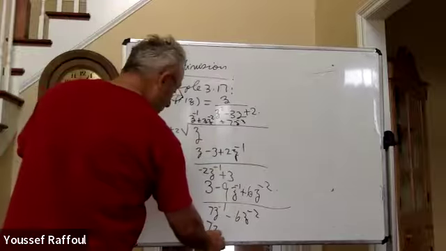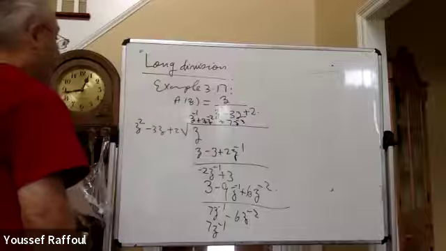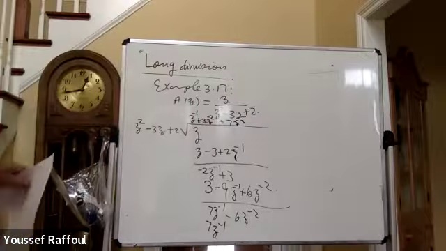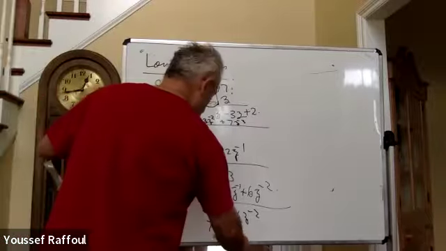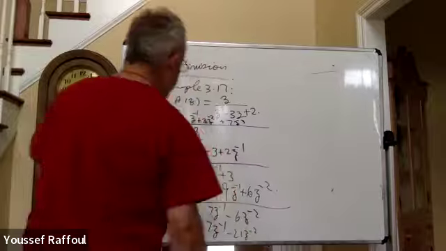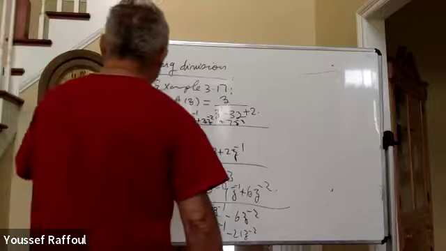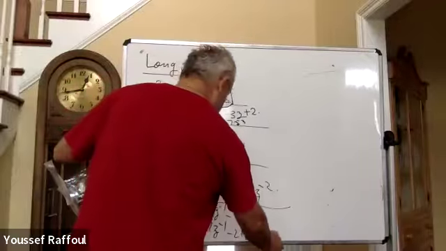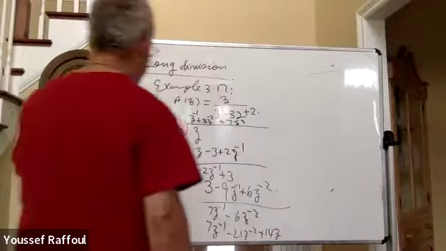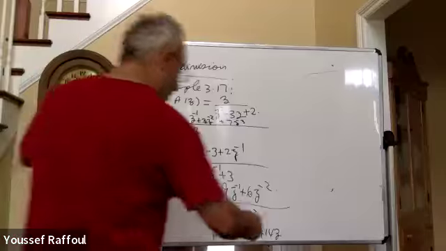So that will be 7z to the minus 1 minus 21z to the minus 2 plus 14z to the minus 3.